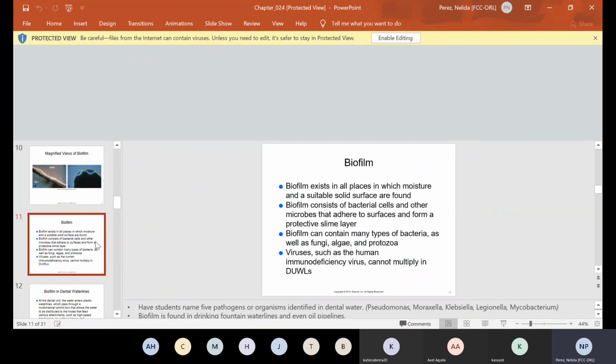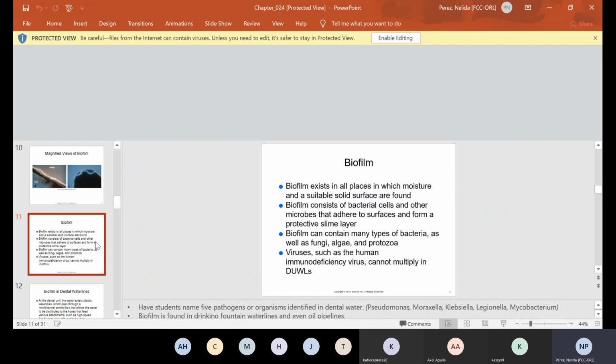Now, biofilm exists in all places in which moisture and a suitable solid surface are found. It consists of bacterial cells and other microbes that adhere to surfaces and form a protective slime layer. If you have a garden hose and you leave it with water, and you go to that garden hose and feel it and it feels slippery, that's biofilm.